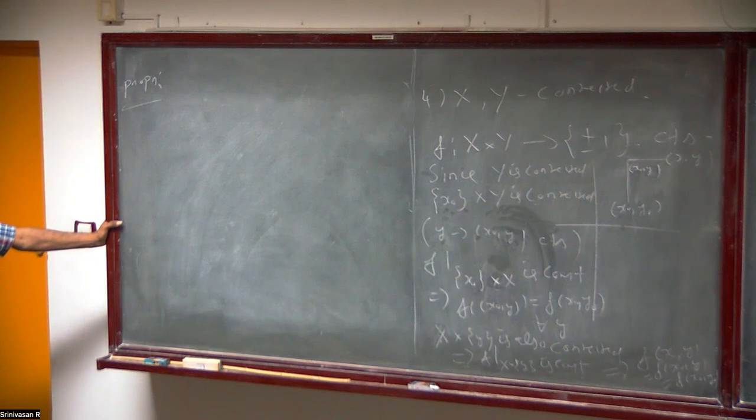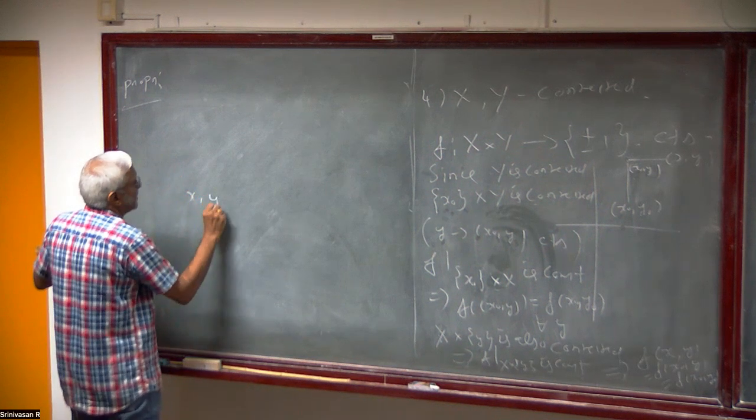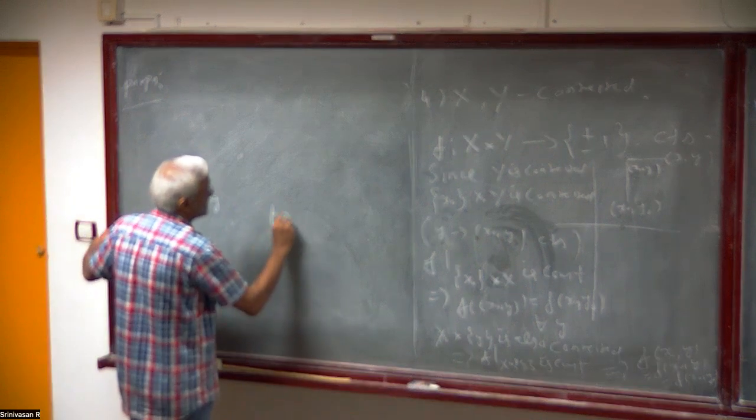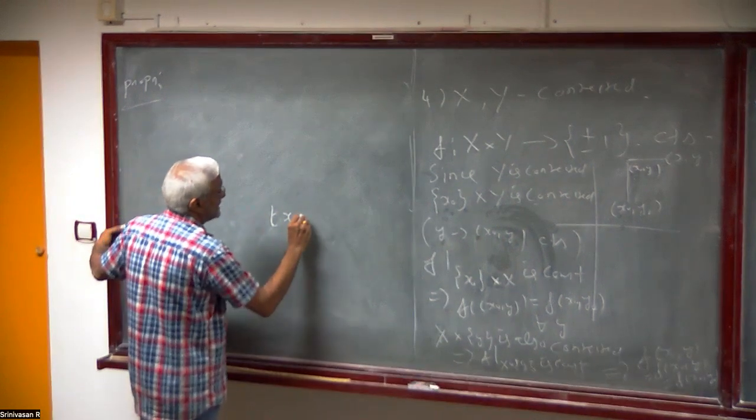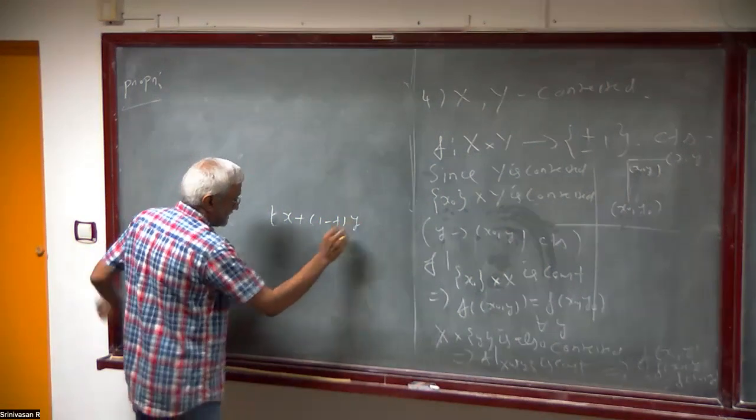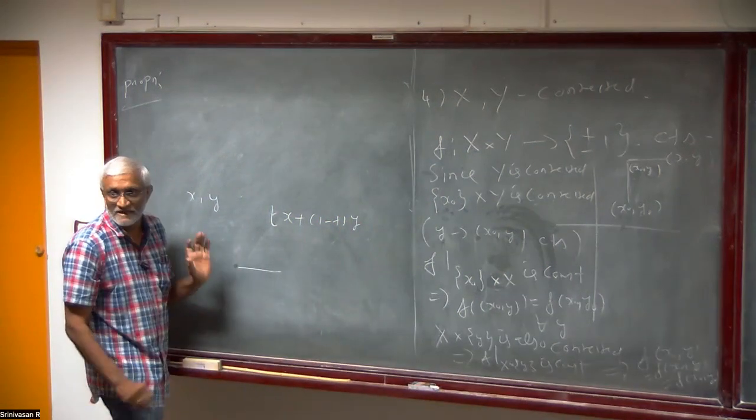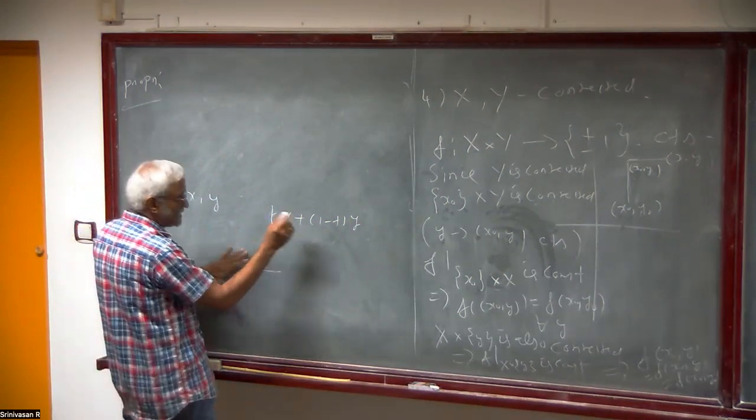If you have an open ball in a normed linear space, that is path connected. An open ball is convex. Convex means any line joining two points stays inside. That is, if you have x, y, then the line joining them is all those points tx plus (1 minus t)y. This is just the finite line segment joining x and y in a normed linear space.